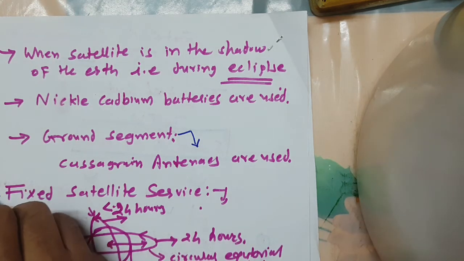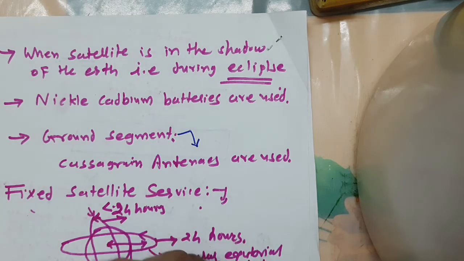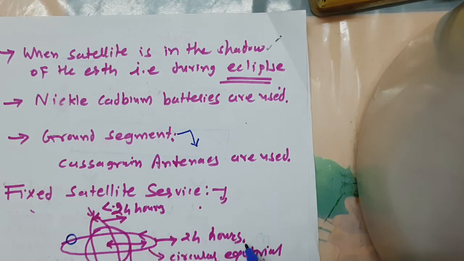Next, we are discussing the fixed satellite service. What is this fixed satellite service? Two types: polar equatorial, circular equatorial. When the satellite is here, for one revolution it takes 24 hours.